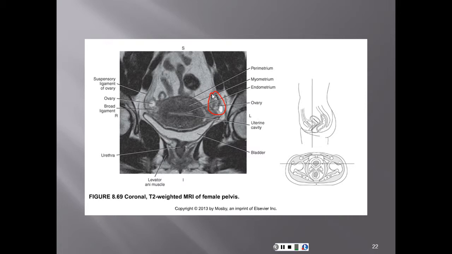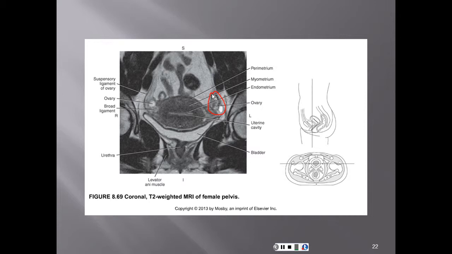The paired ovaries are small, almond-shaped organs located on either side of the uterus. The cord-like ovarian ligament attaches the inferior aspect of the ovaries to the lateral surface of the uterus.